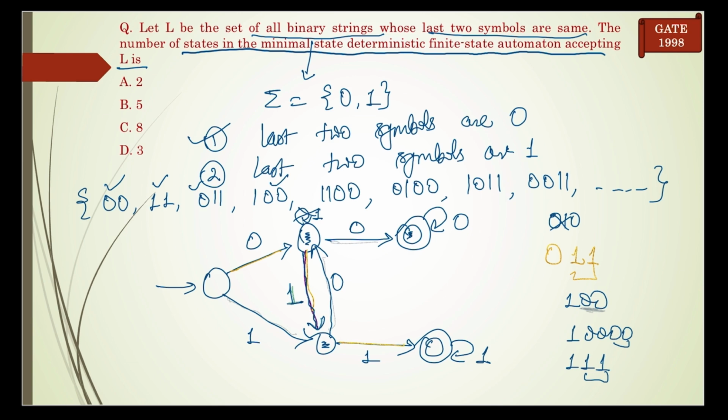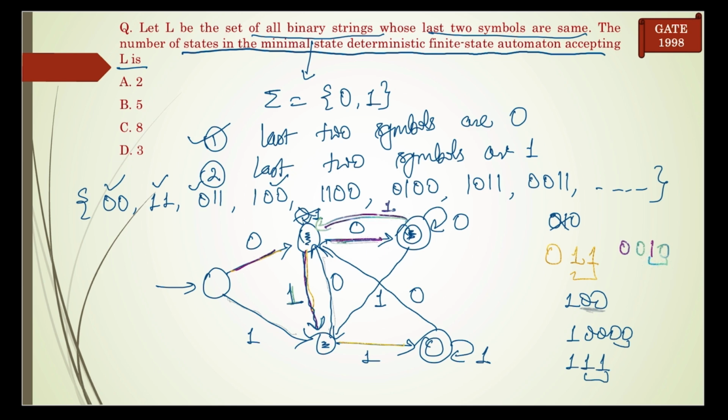Now when I have to define the transition of 1 from this state, in that case this transition will be defined here and transition of 0 will be defined here. Now see what will happen if you define the transition of 1 to here. In that case it can accept 0 0 1 0, 0 0 1 0.